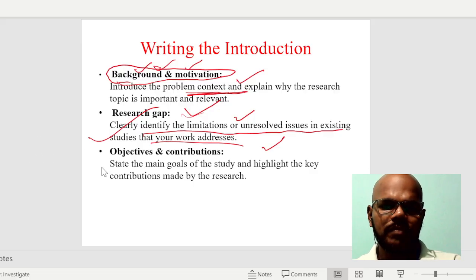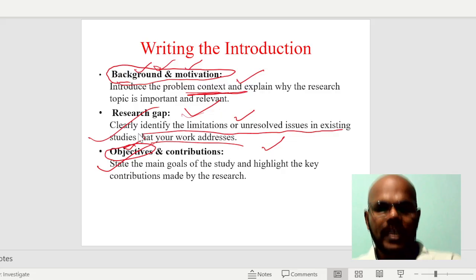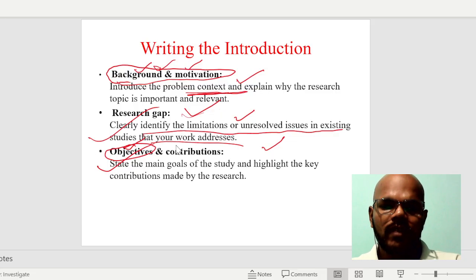Next one is objective and contribution. Objective and contribution means what is the objective of your paper. You have to write it. Next, what is the contribution? For example, in a paper you have written two objectives, objective 1 and objective 2.